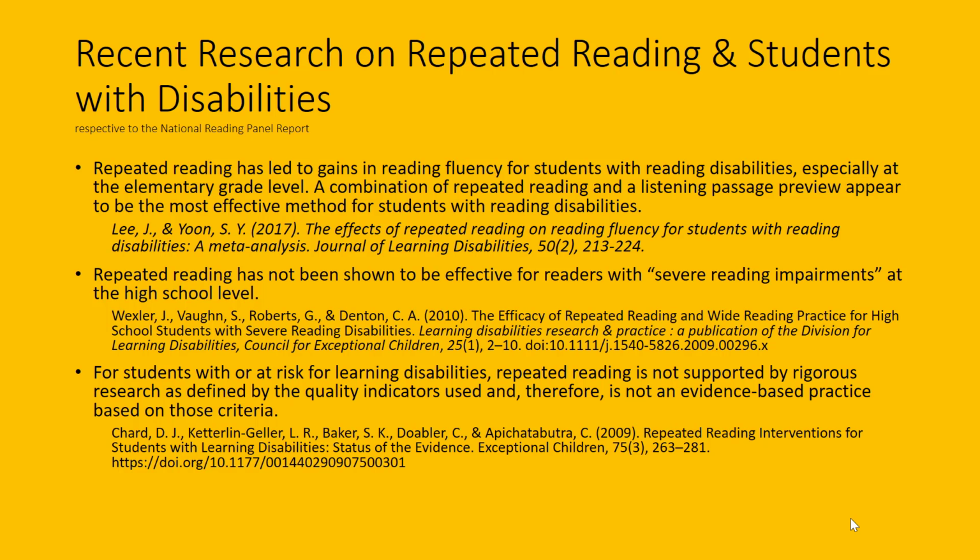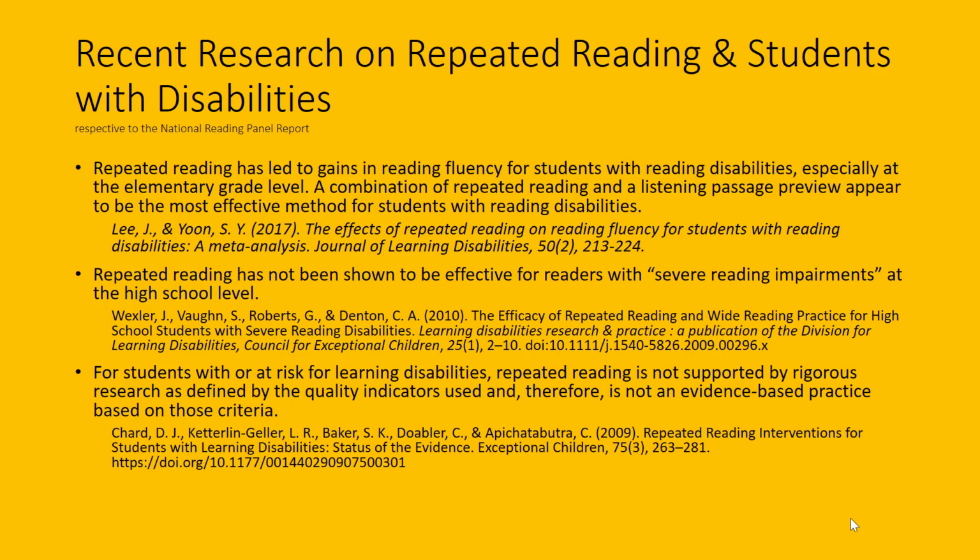Since the National Reading Panel report was published in 2000, we've got research that has occurred and included students with disabilities. So let's look at what we know from recent research on repeated reading with students with disabilities, with respect to the National Reading Panel report.